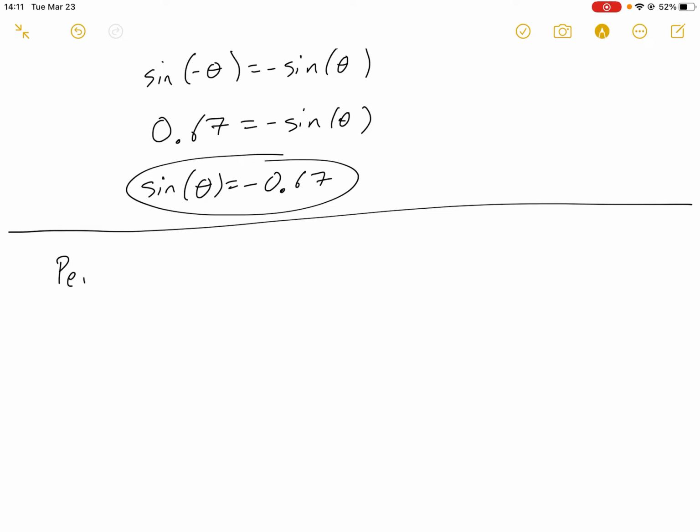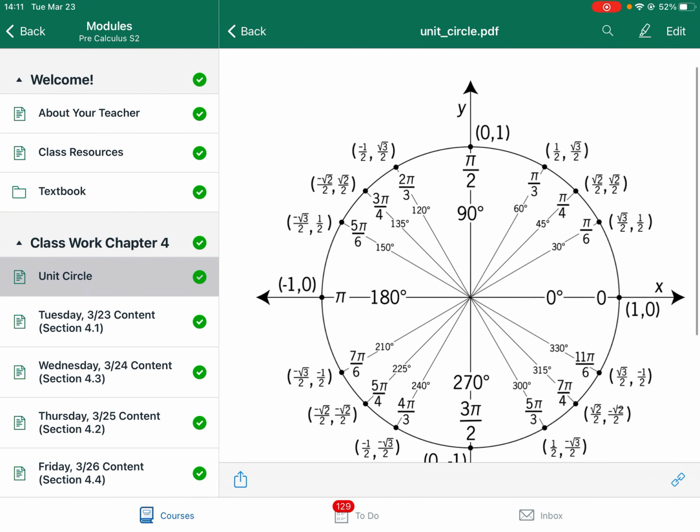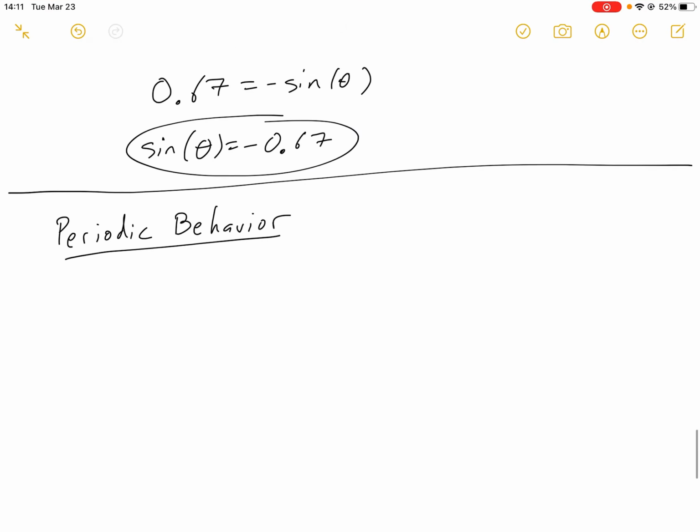The next type of formula I want to talk about is periodic behavior, basically. These aren't really formulas. But what I want to point out here is if you're on a unit circle, let's say we're over here at pi over 6, if you rotate around the circle by 2 pi and you end up at a coterminal angle, you're at the exact same spot.